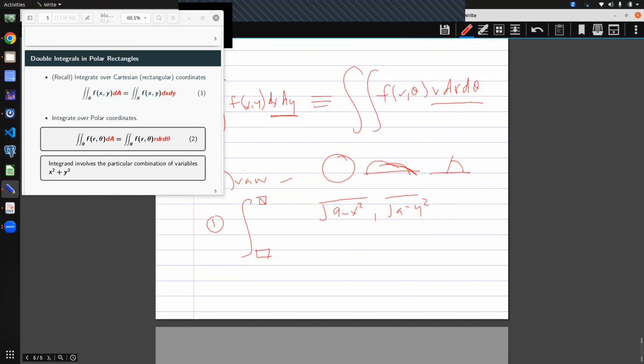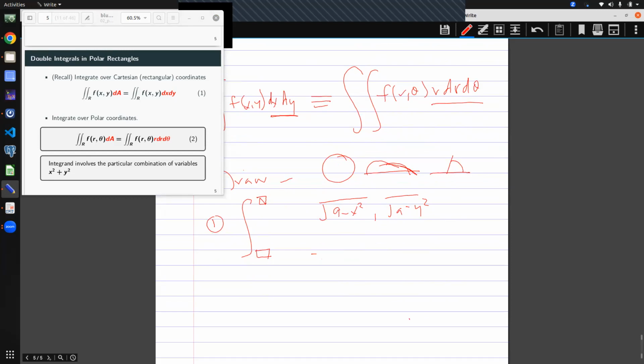Another thing to look out for is a negative lower limit. Then you know you're in polar. The second thing is that I have to look at my integrand, what I have under the integral sign. If it has expressions of this form, then I move to polar.